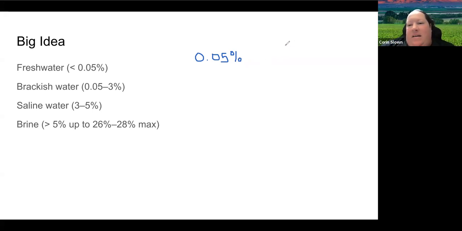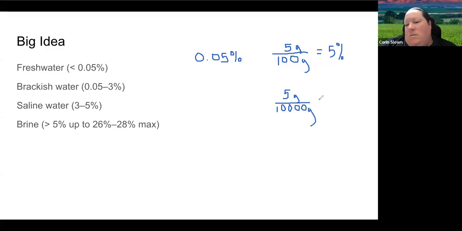It means that I have 5, right? 5% out of 100 would be 5 grams of salt in 100 grams of my water. 0.05 means I have 5 grams in 10,000 grams of water.